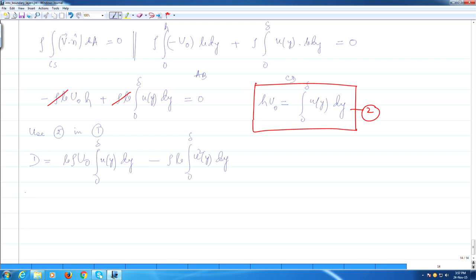Or I will write D equal to b rho integral 0 to delta uy into u naught minus uy dy.